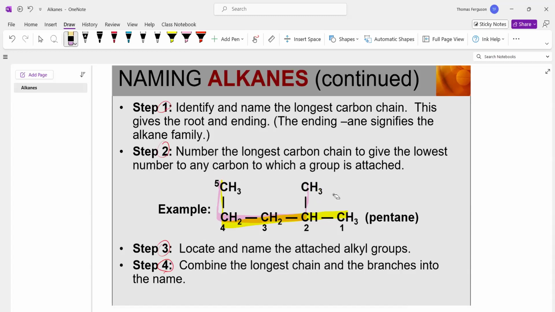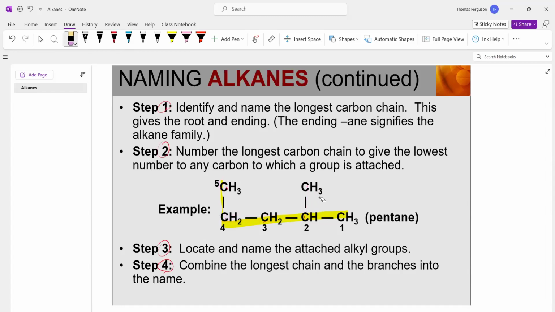Okay, so we got 1, 2, 3, 4, 5. 1, 2, 3, 4, 5. So there are two of them, yellow and pink. Okay, the slide decided to choose the yellow one, but you could choose either one. Let's get rid of the pink one now, simplify things. Okay, now there's also numbering.